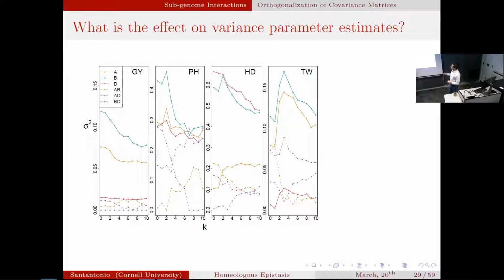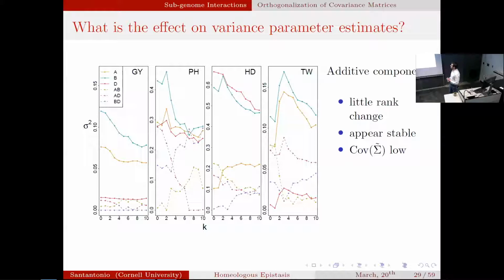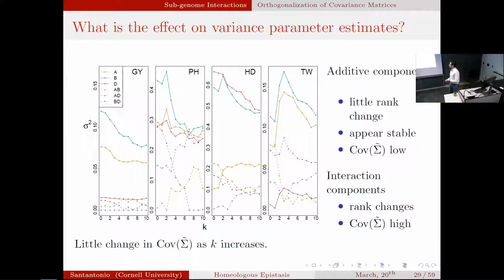You'll notice for the A, B, and D genomes, no matter what the size of K for these 4 traits, the additive values don't differ very much, but their interaction components do have rank changes, especially for traits that are not granule. So it's really unclear whether we're pulling population structure out or also genetic signal, because they're related to each other.